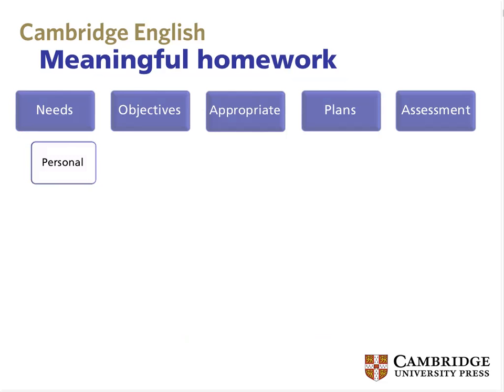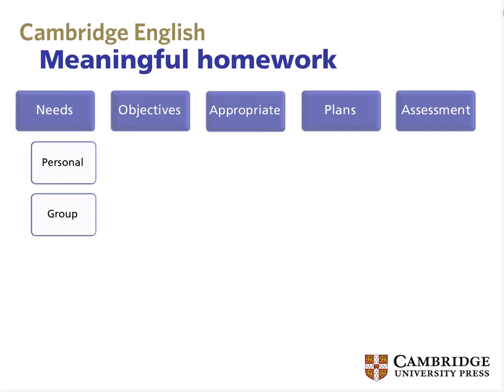So the needs, as I said, have to be related to personal needs and group needs. They are not only related to what students want, but also to the linguistic aspects or the gaps they may have. So we have to be aware of what students need in order to succeed in the process of learning.